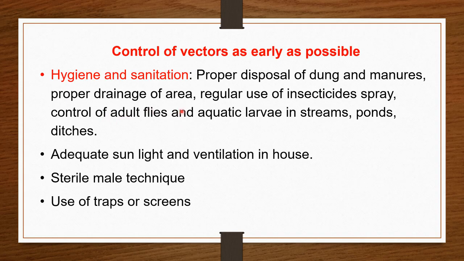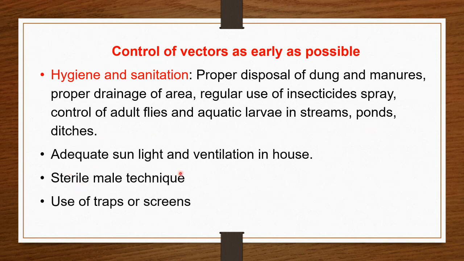Proper drainage of the area. Water lodged in an area is also a breeding place for the vectors. Regular use of insecticide spray to kill the vectors. Control of adult flies and aquatic larvae in water streams, in ponds, and in water lodged in ditches.